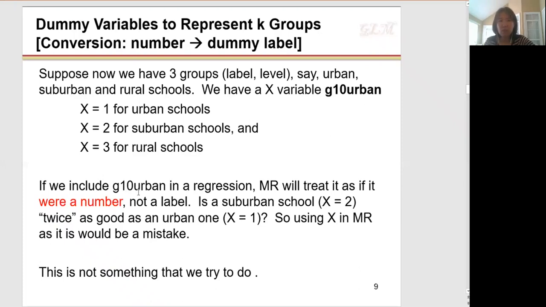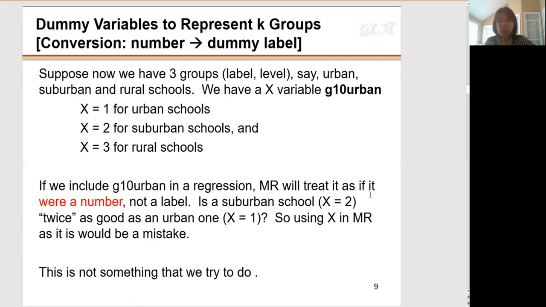The G10 variable has three options: urban, suburban, rural. And then if you see the variable view in the SPSS dataset, you will find out one is coded urban, two is coded suburban, and three is coded rural.